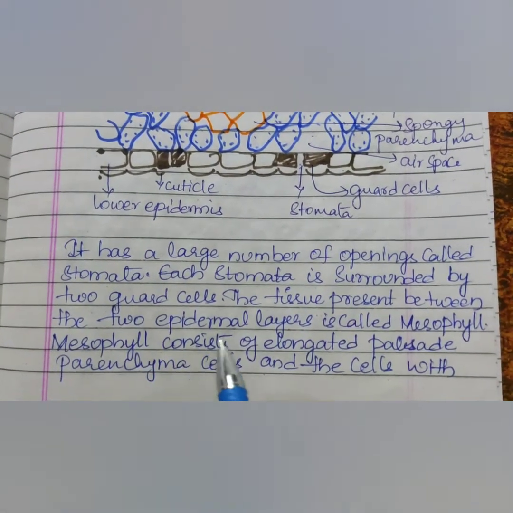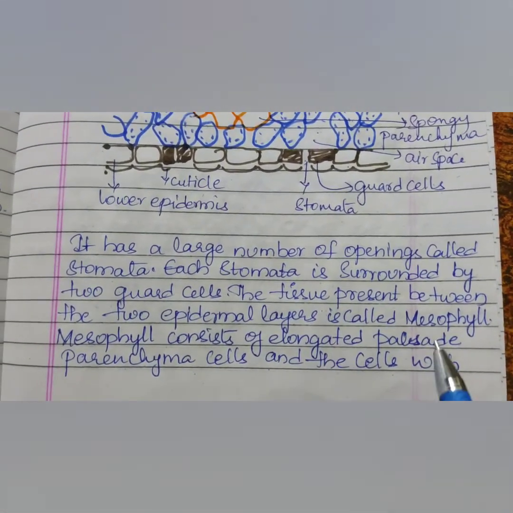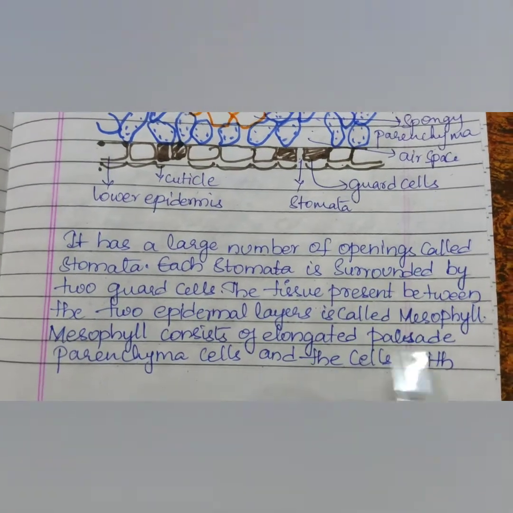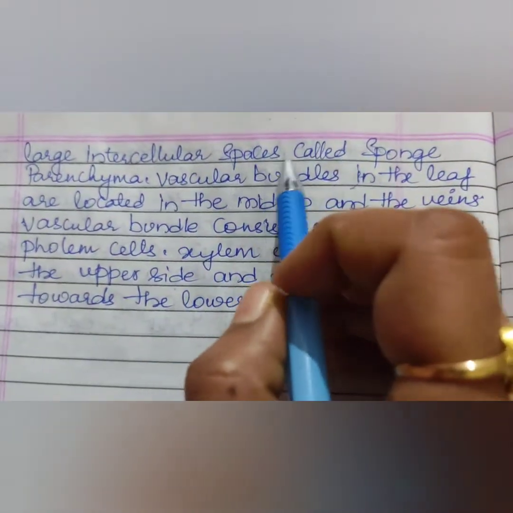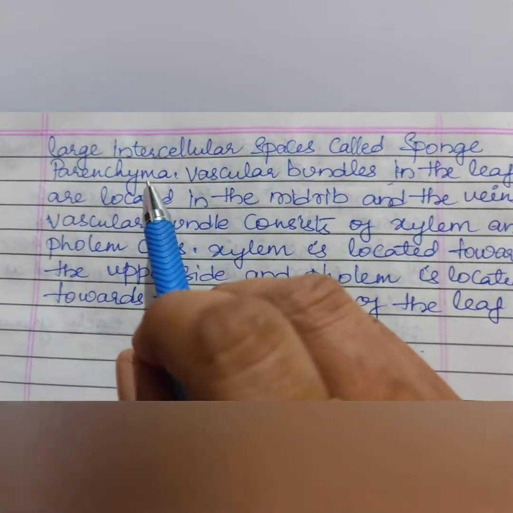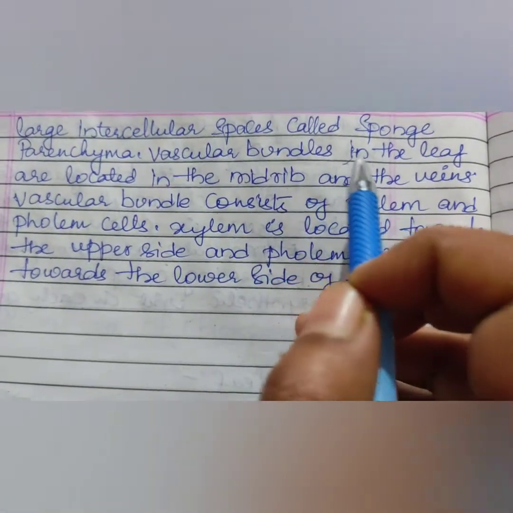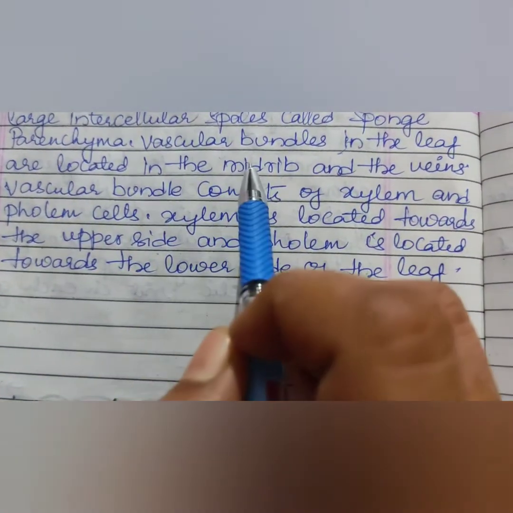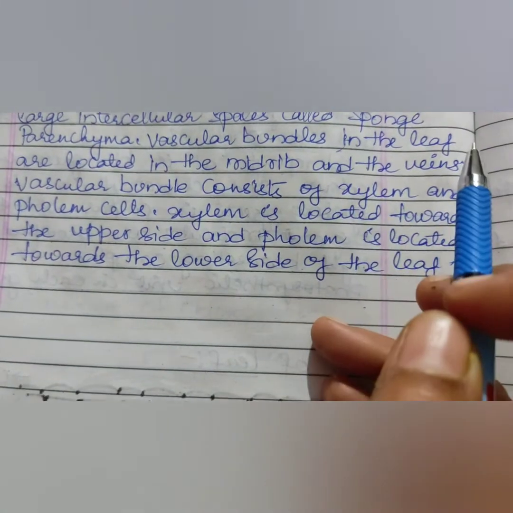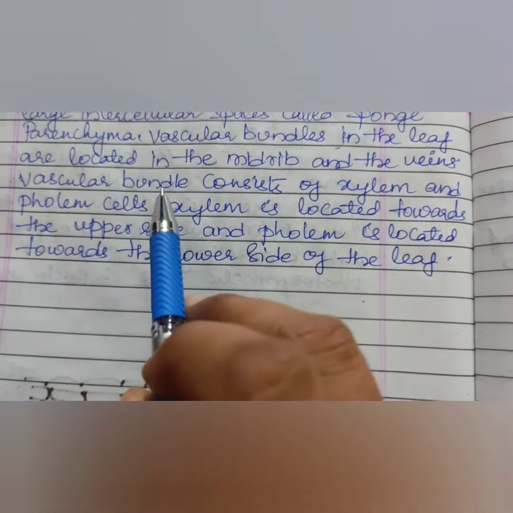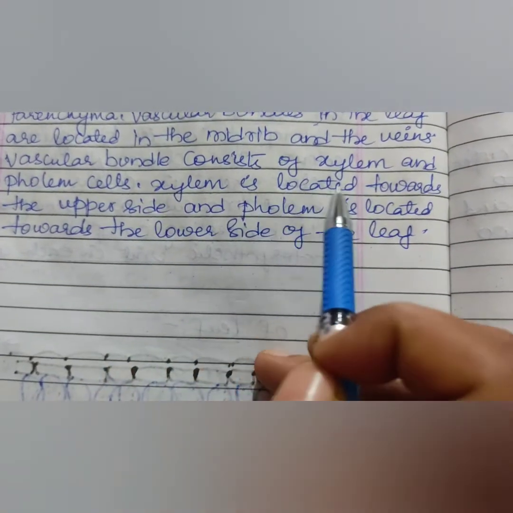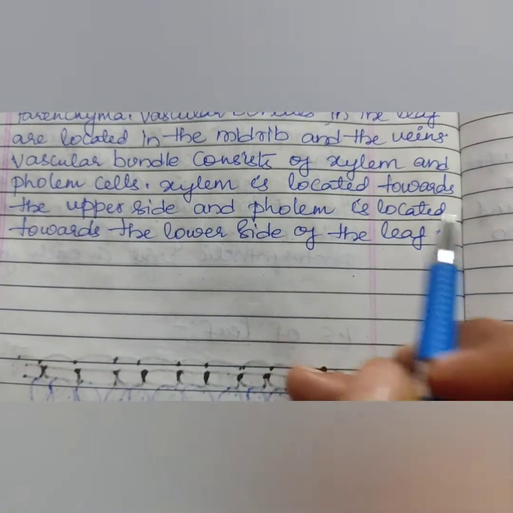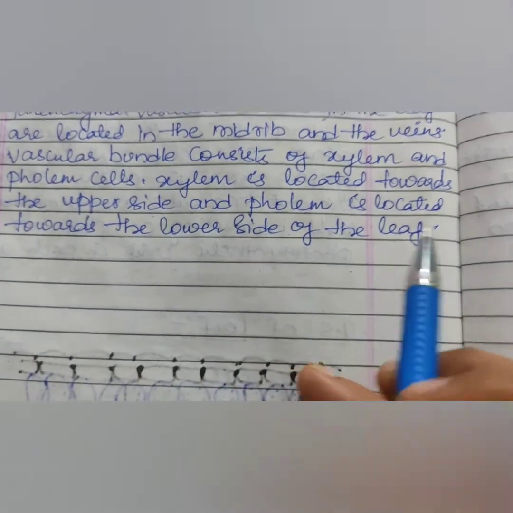This mesophyll consists of elongated palisade parenchyma cells and cells with large intercellular spaces called spongy parenchyma. Vascular bundles in the leaf are located in the midrib and the veins. A vascular bundle consists of xylem and phloem cells. Xylem is located towards the upper side and phloem towards the lower side of the leaf.